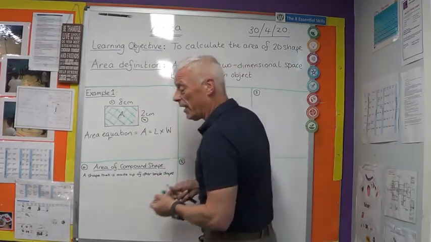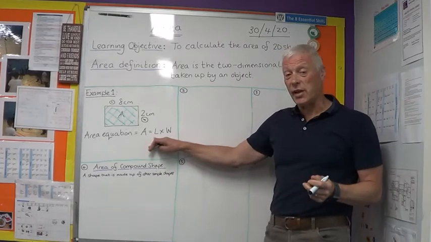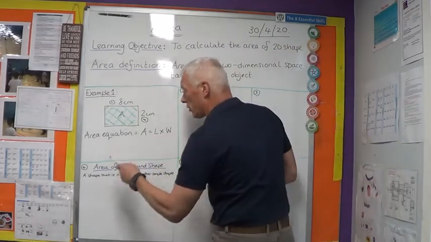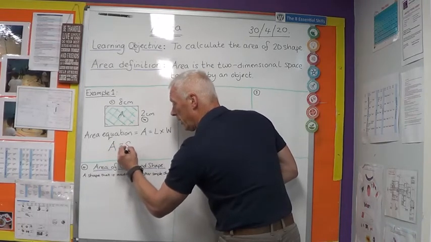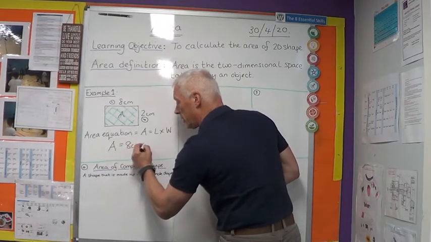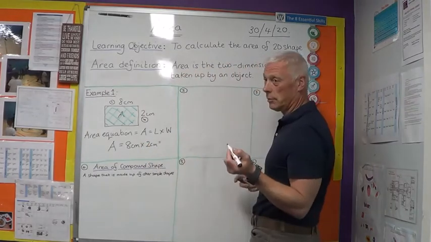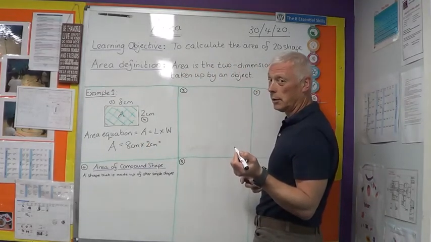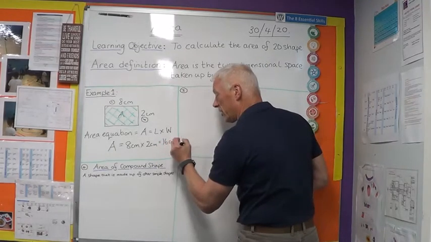As I said, the area equation is A equals length times width, so we've got A equals 8 centimetres times 2 centimetres, which equals 16.